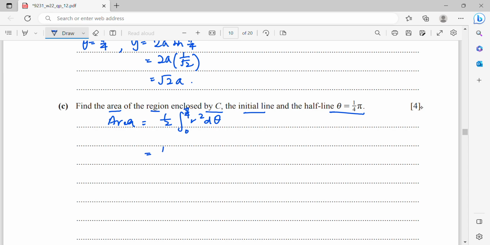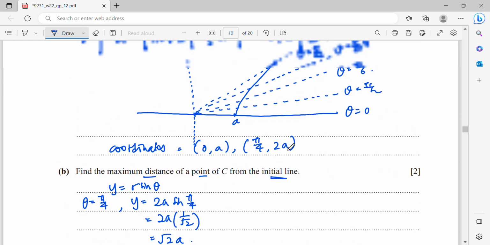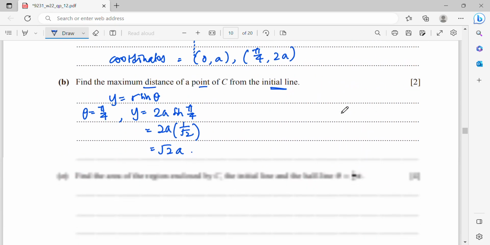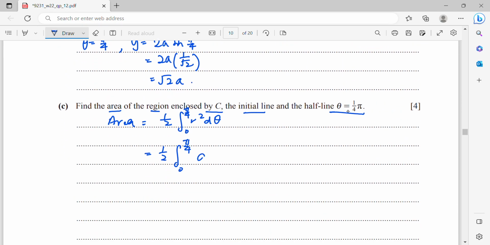Now your r is a sec squared theta, so when you square both sides, it will be a squared sec to the fourth theta d theta.